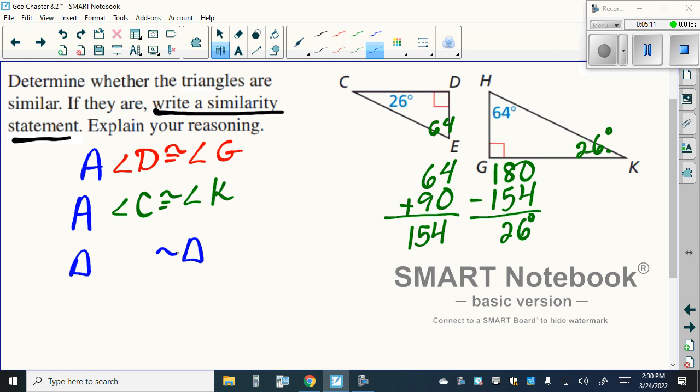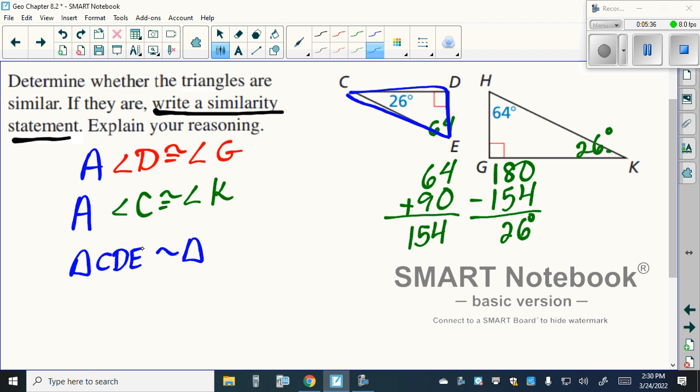Now, to start this off, we need to name one of the two triangles. So CDE. We're going to name it first. When we write the similarity statement, it doesn't matter which triangle we pick first. We just need to pick one of them and give it a name using the vertices.